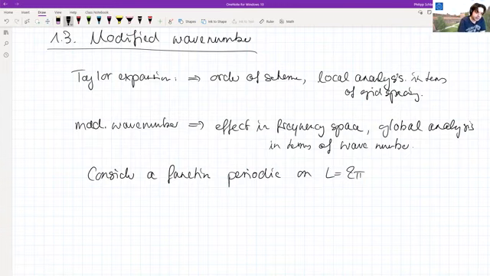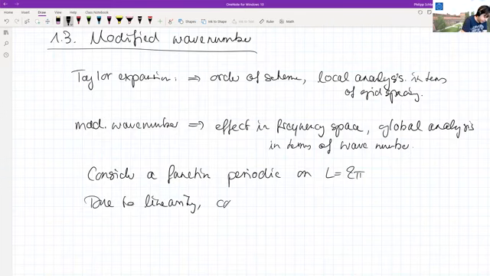So let's consider something which is periodic on 2 pi, and also because we know that the derivative is a linear operation, it is actually sufficient to just look at one Fourier mode at a time. And then we can compose our complete solution as a linear superposition of all these individual Fourier modes. So due to linearity, let's just consider one Fourier mode at a time.